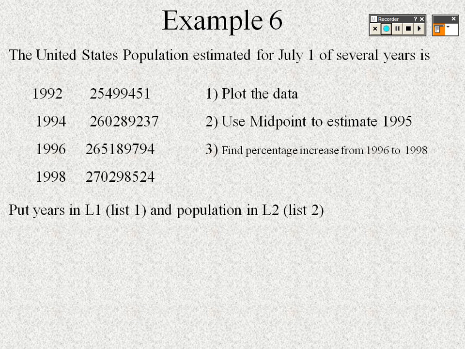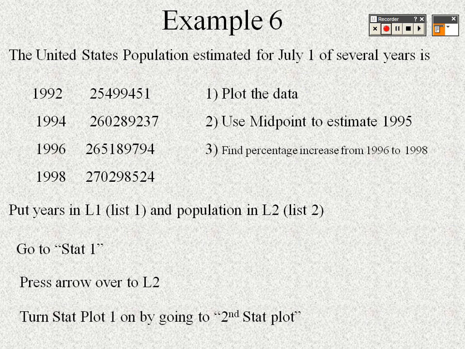That's under the edit there, and plug them in. Then after you plug them in, go to your stat plot, which is under 2nd stat plot, and press the arrow over for the column for L2.